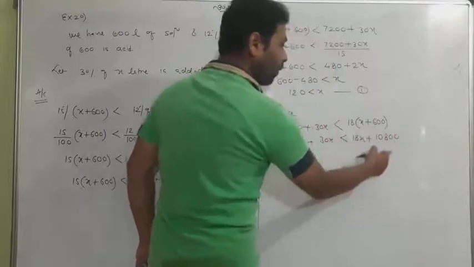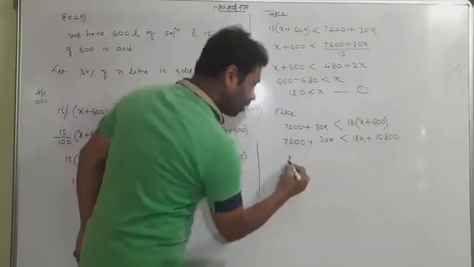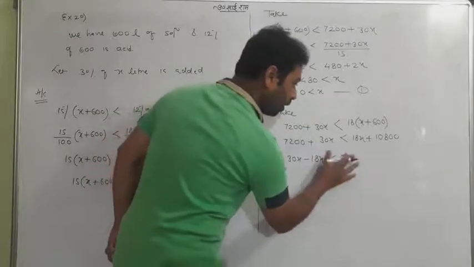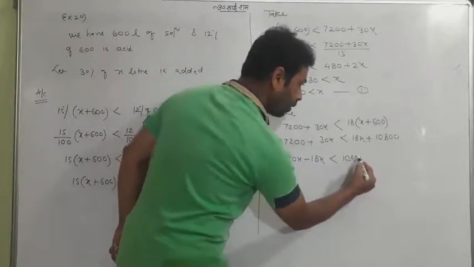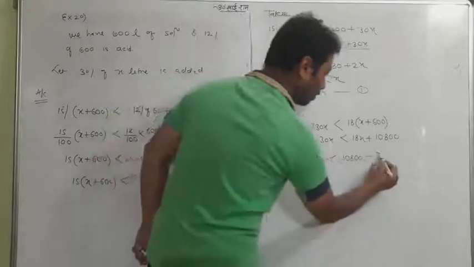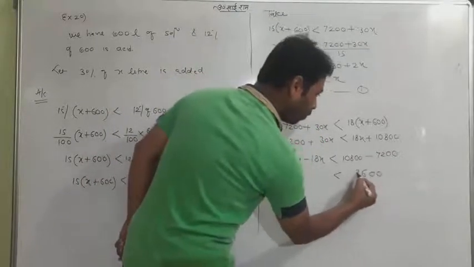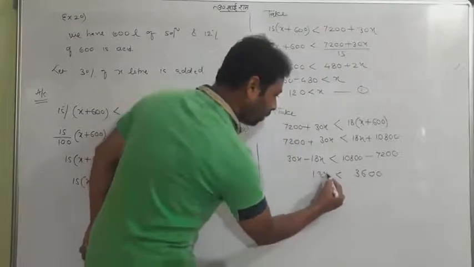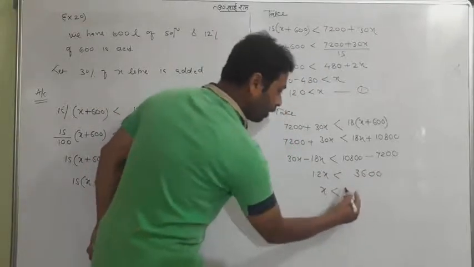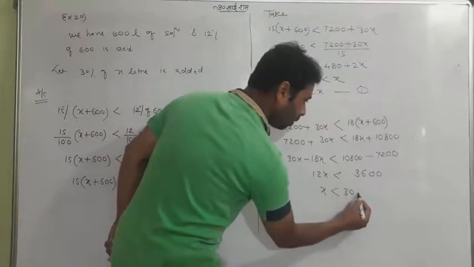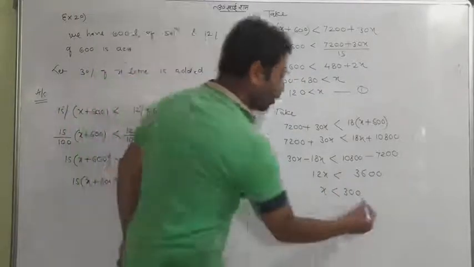This is 18 6s are 108. Now it is 30X minus 18X, transfer here, and 10800 minus 7200. Now we have 3600 and this 12X, and the whole answer will be 12 3s are, and it is the second inequality.